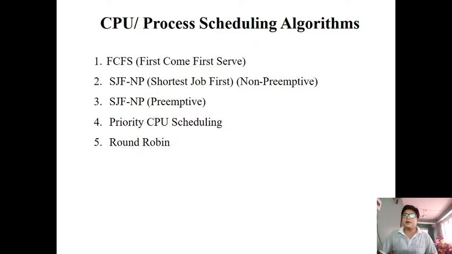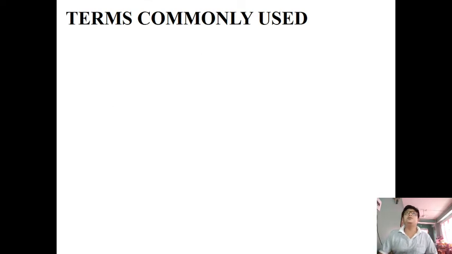Next is the priority CPU scheduling algorithm, and next one is round robin. Nowadays, advanced or modern operating systems do not use only a single CPU scheduling algorithm; they use a hybrid, a mix of those, which you can explore on your own later on.